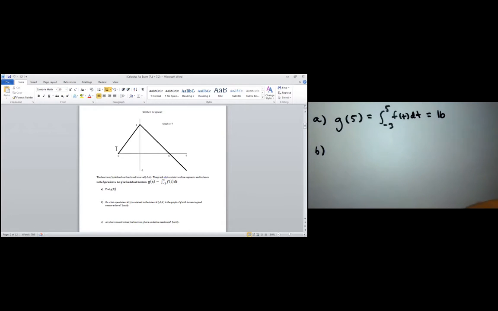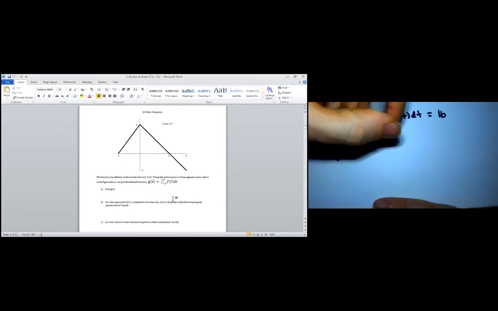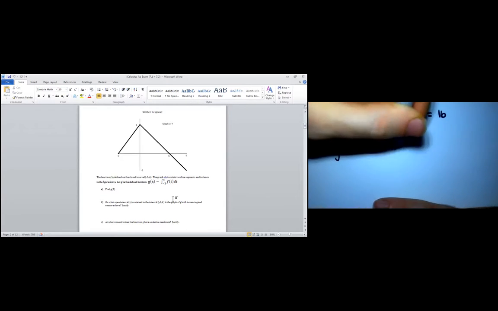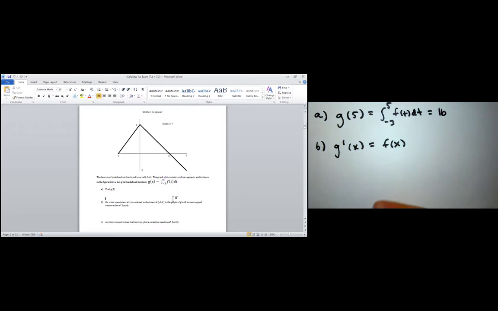Okay, on B, we're looking for increasing, which is going to be above, and concave down, which is a negative slope. It's important that we note that they're asking us these things about G. So the first thing we want to make a note of is that G prime is equal to F. So if we know that G prime is the same thing as F, you can say that we're looking at the graph of F, but it's also the graph of G prime.